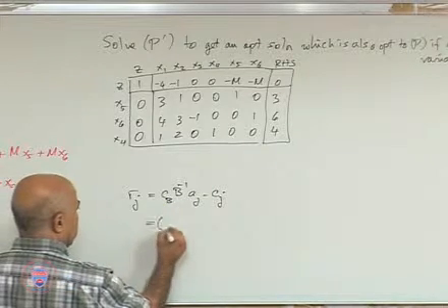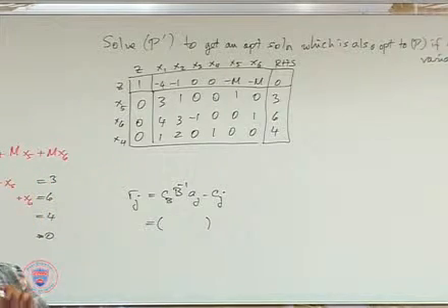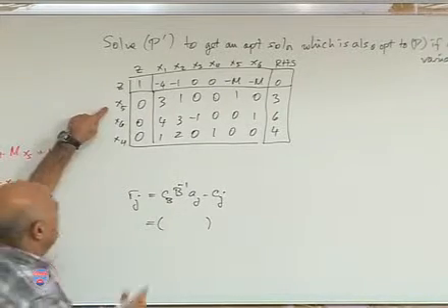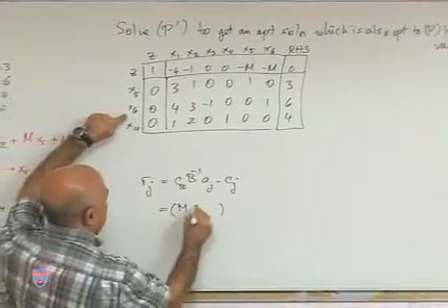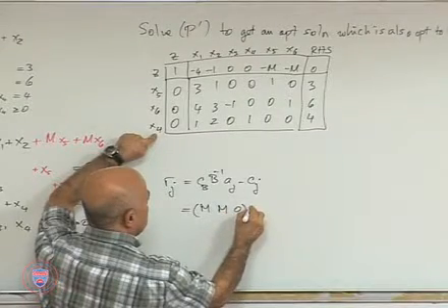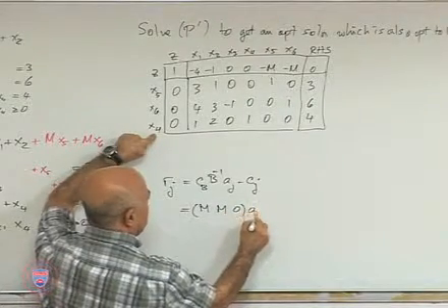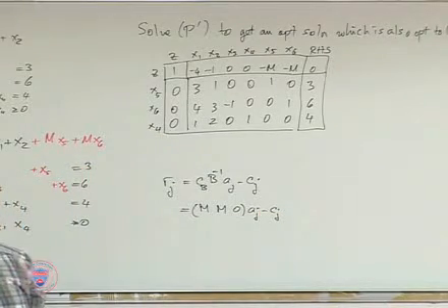It's the vector of costs associated with the basic variables. x5 has a cost of m, x6 has m, x4 has 0, times the appropriate column minus Cj. That's the way you compute.